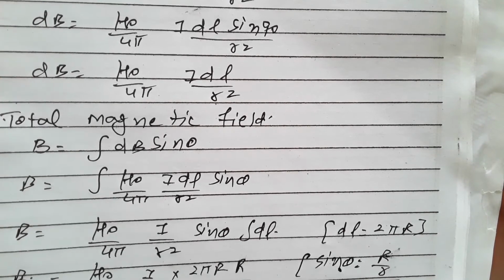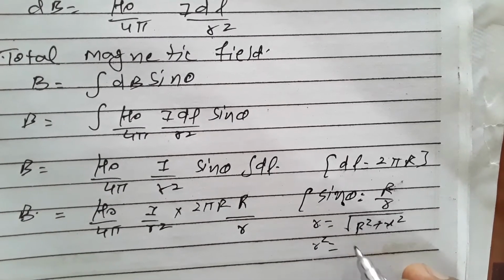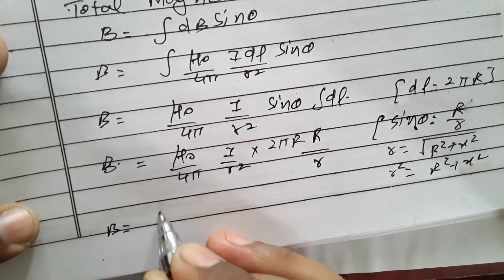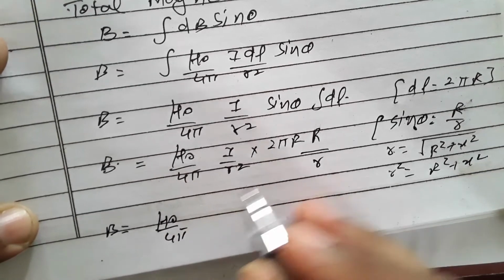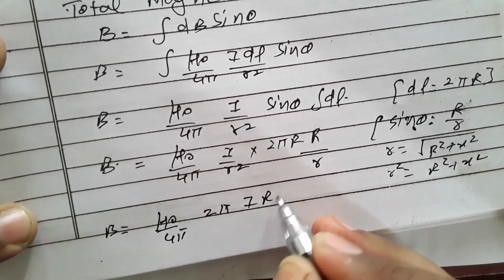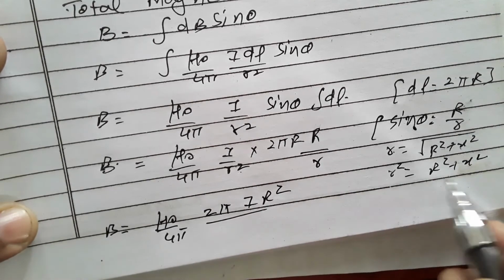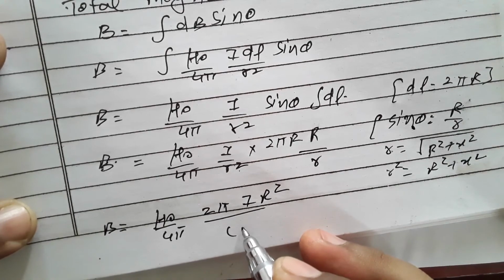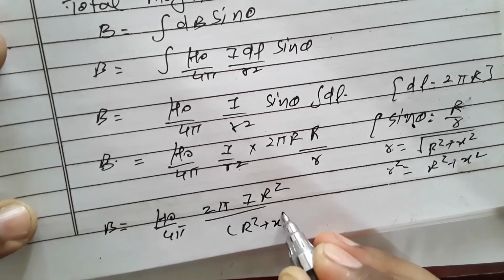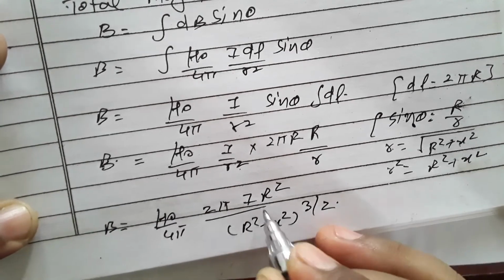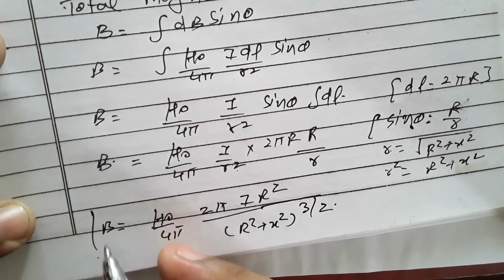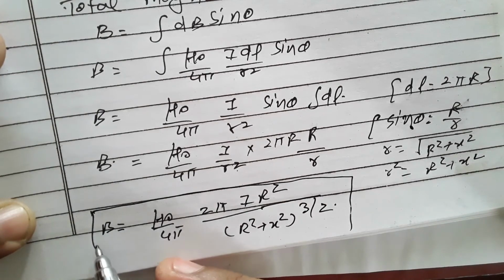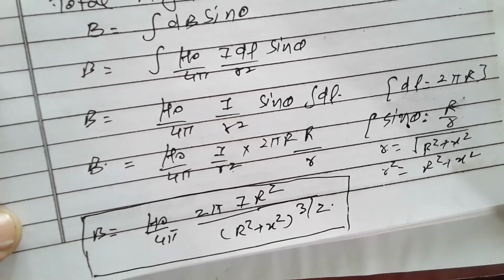By Pythagoras theorem, r is equal to under root R square plus x square, so r square is equal to R square plus x square. Now we put the value: B is equal to mu naught upon 4 pi into 2 pi I R square upon r cube, so B is equal to mu naught I R square upon 2 into (R square plus x square) to the power 3 by 2. This is the required result to find the magnetic field intensity at any point on the axis of a current carrying circular wire.